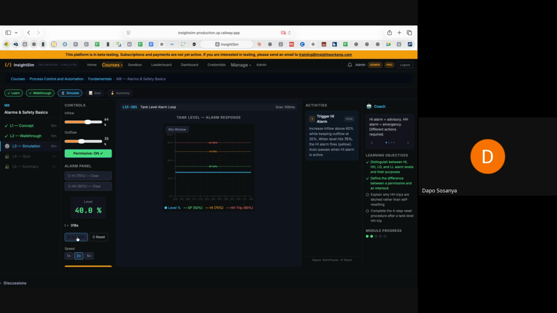All right, then let's resume. You can see the level rising above the set point. You can see it keeps going. It stopped. Let's stop it. We'll reset.